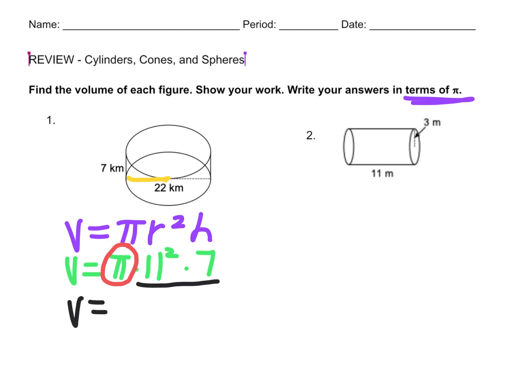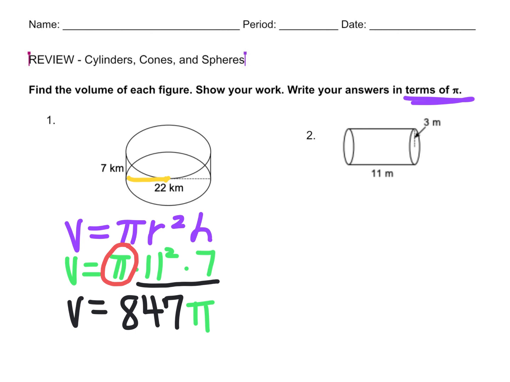So I'm going to do 11 times 11 times 7. 11 times 11 is 121, and 121 times 7 is 847. And then I just bring down the pi symbol, and I put it right next to it.